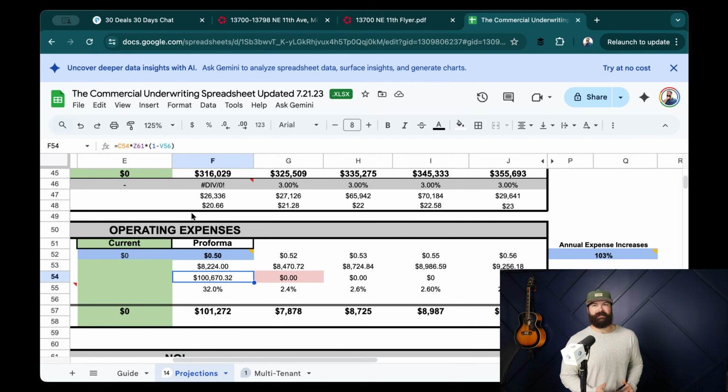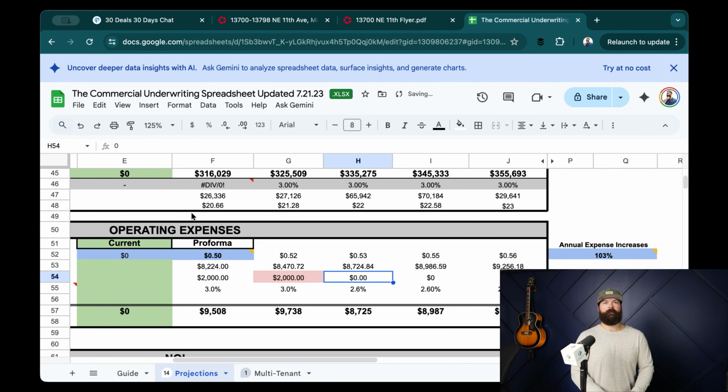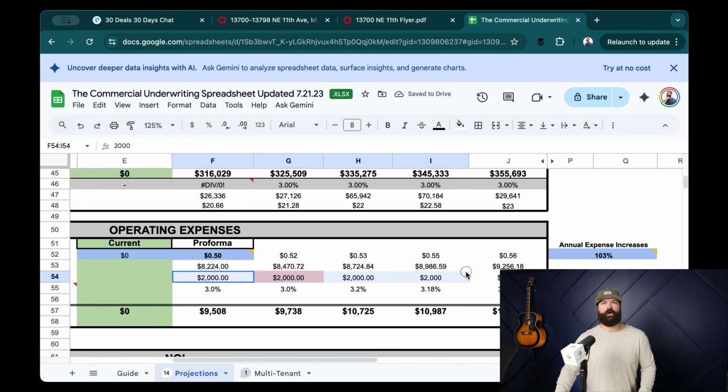These are small spaces, so we're probably only going to be signing 1-year leases. Let's just multiply that times 6%. It's $1,380. So let's just say we're spending $2,000 a year. We're probably going to end up spending a little bit more than that, but you can pay for it out of cash flow. So I'm just going to keep this where it is for now. I'm going to mark all of these as red so that I know that I have destroyed that formula.